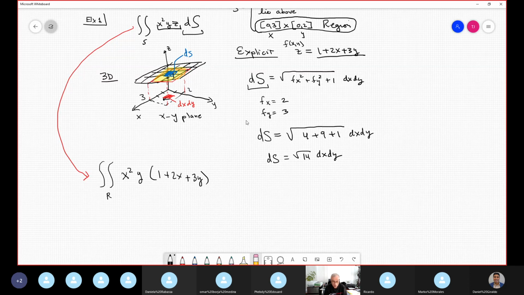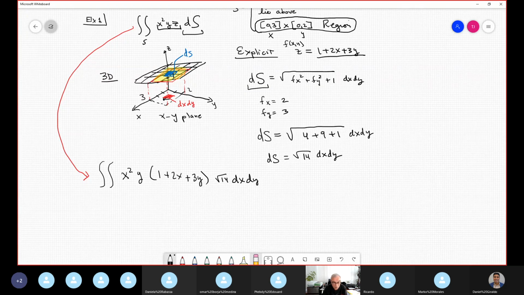And what about ds? Well, ds is clear, radical 14 dx dy. And the limits are easy. You integrate first with respect to x. I make a decision on that order, I don't know why.